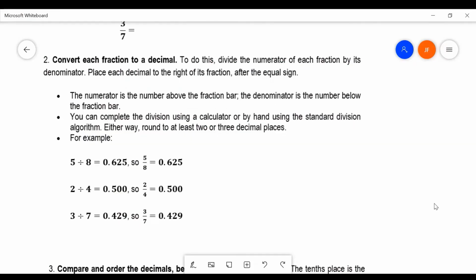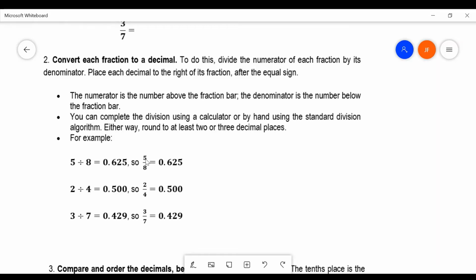For example, 5 divided by 8 is equal to 0.625, or this can be properly read as 625 thousandths.